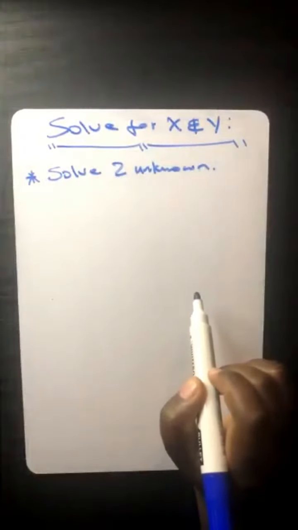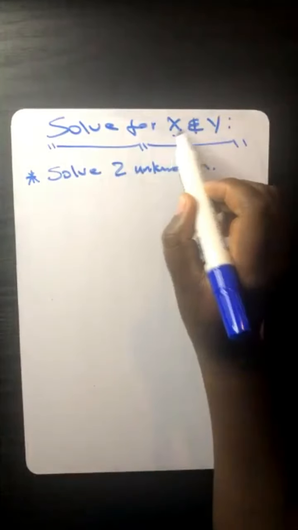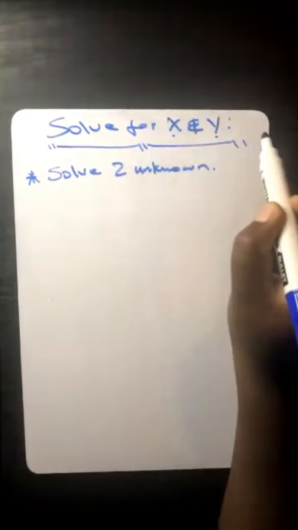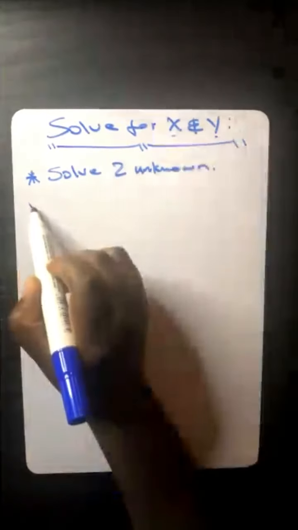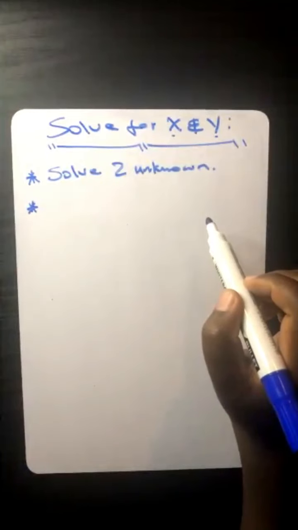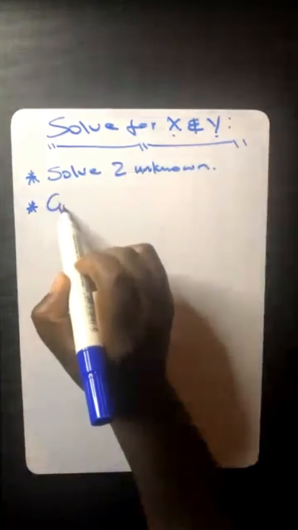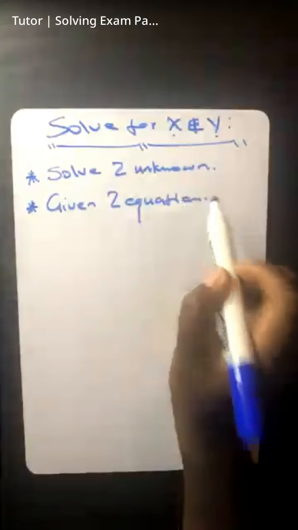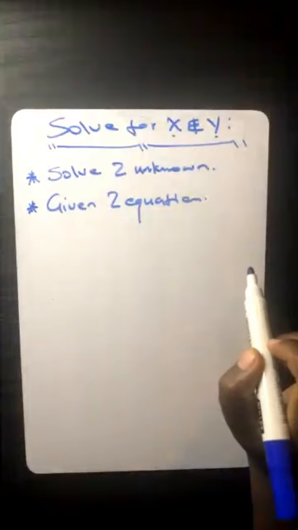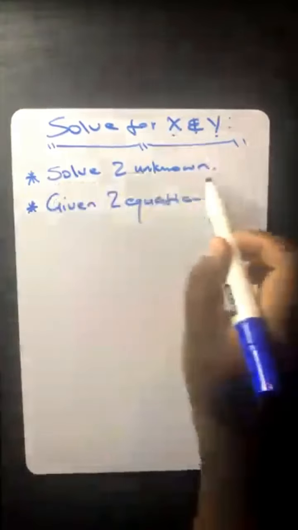In this case, the first unknown is X, the second unknown is Y. So that means you must be given two equations. The moment you are given two equations, it means you solve for two unknowns.